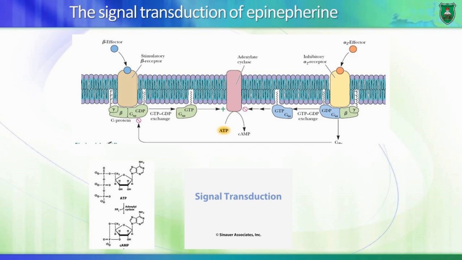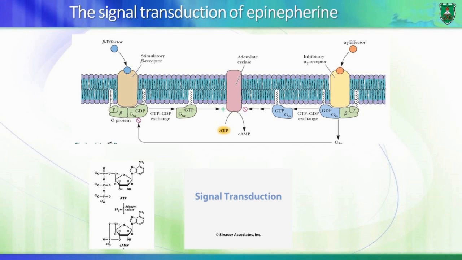Now, what's important about the alpha subunit is that it is not an enzyme, but it does have an intrinsic enzymatic activity. It acts on itself. This enzymatic activity is GTPase, and what it does is that it hydrolyzes GTP to GDP right here, and that allows the alpha subunit to rebind to the beta and gamma subunits, again inhibiting that.